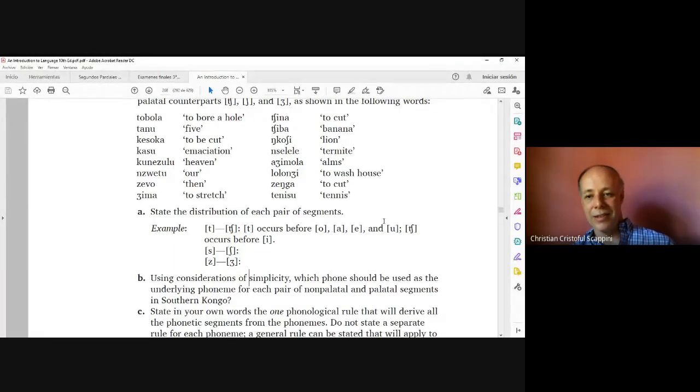Notice that it says Ch, the textbook already told you the answer. It says Ch occurs before E. So that means this occurs in the same environment as this one. Let's check it out. Yes, it's true. Before E, before E, before E. That is right.